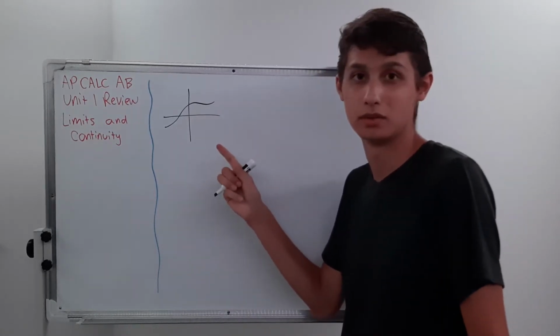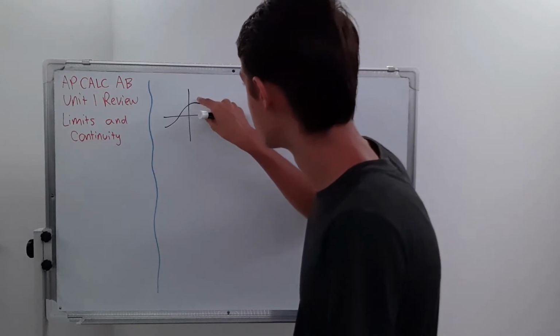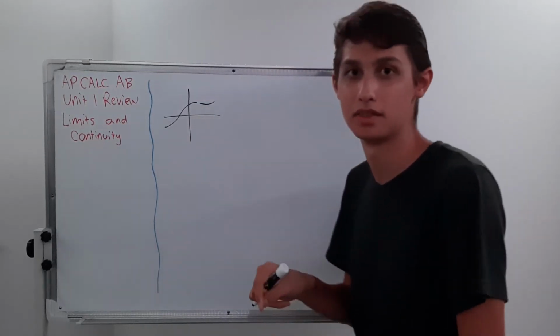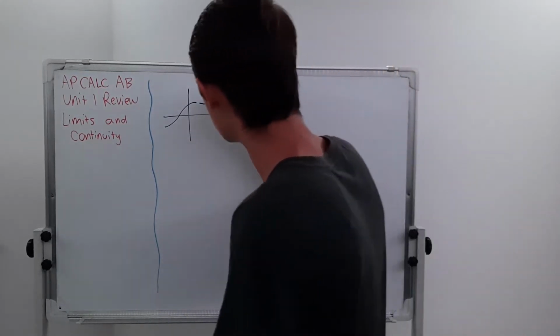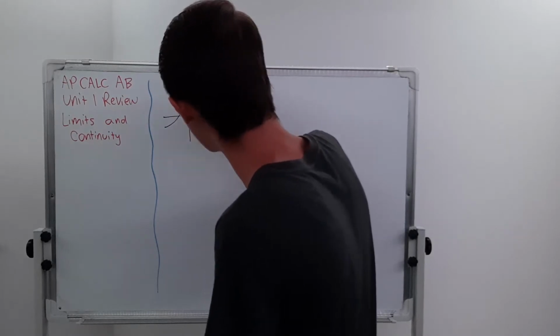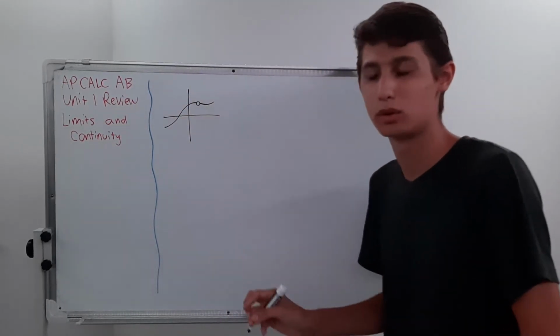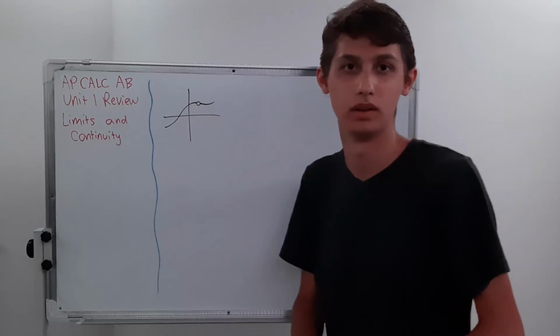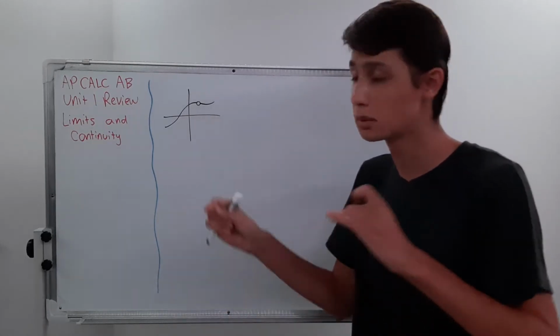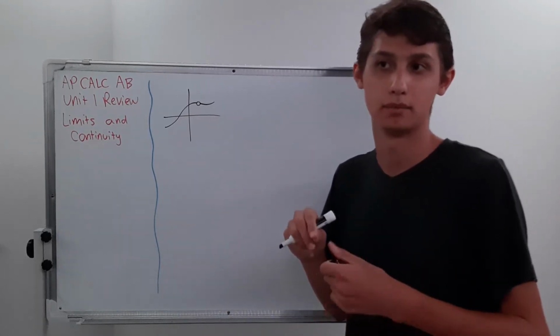This is continuous everywhere, except what if we just break the graph there, and then we have a hole there? Think of the hole as just really, really small. The function is defined everywhere else except that one point.